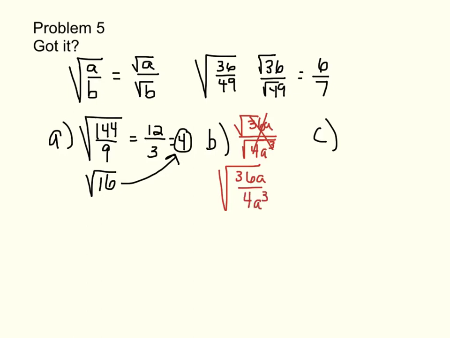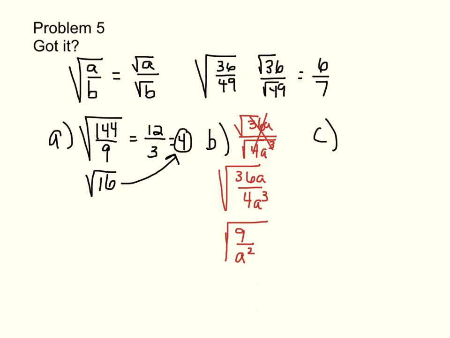The square root of 4, I can do. The square root of a to the third, I cannot. So we want to simplify this fraction. 36 divided by 4 is 9. a over a to the third. Where are there more a's? On the bottom. So if I simplify my fraction, I get this.